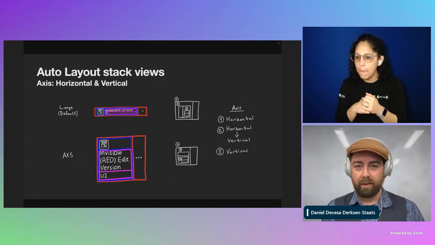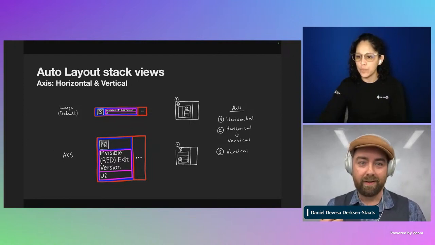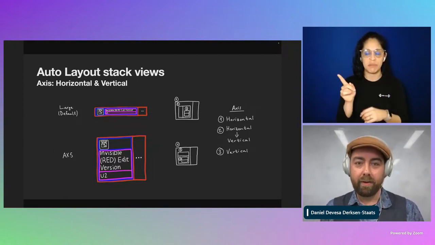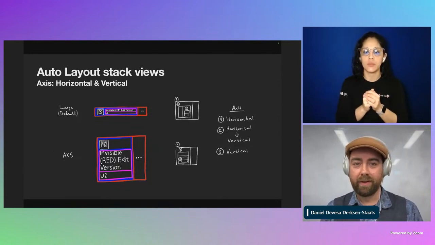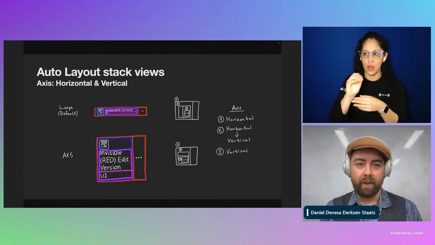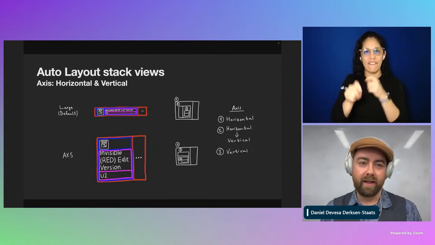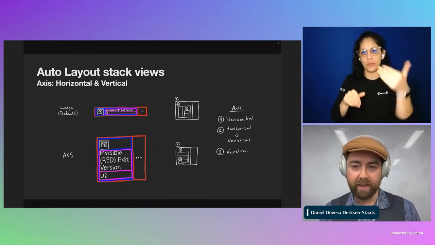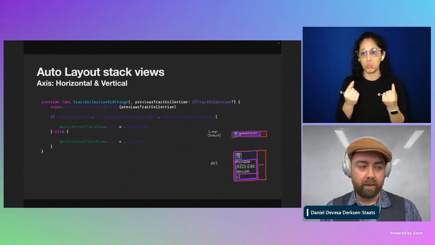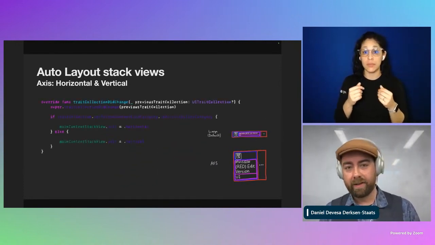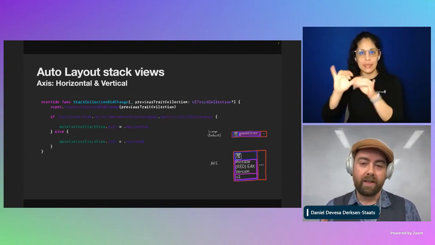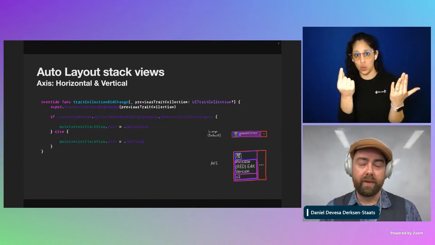But this is much easier. You can also use something called stacks or stack views in iOS. A stack view can be configured with a horizontal axis or vertical axis. And there's a neat trick where you can check the size class or the dynamic type size, and based on that, flip the axis of the stack view.